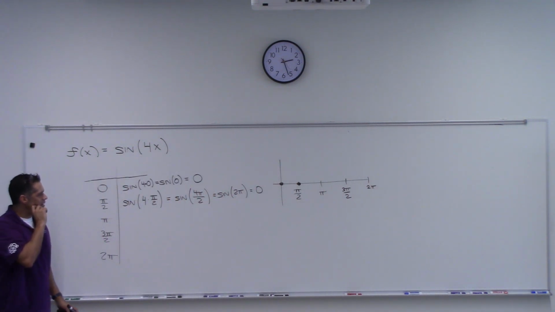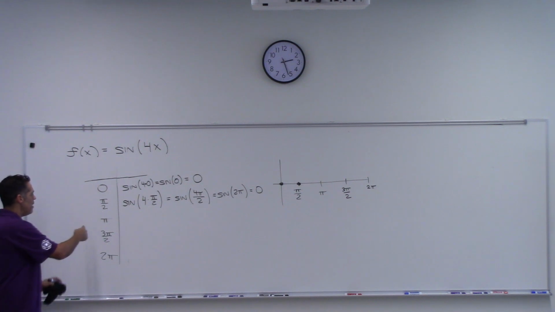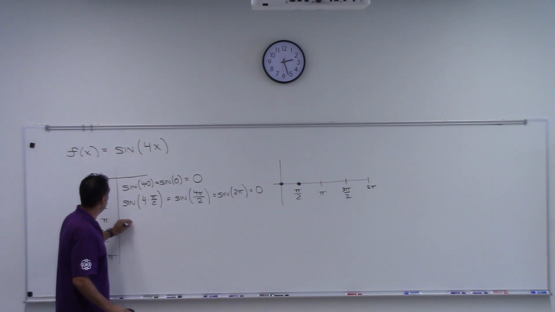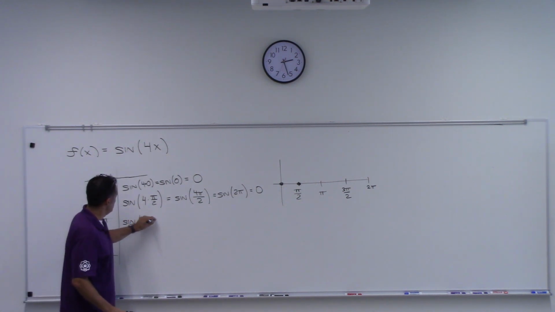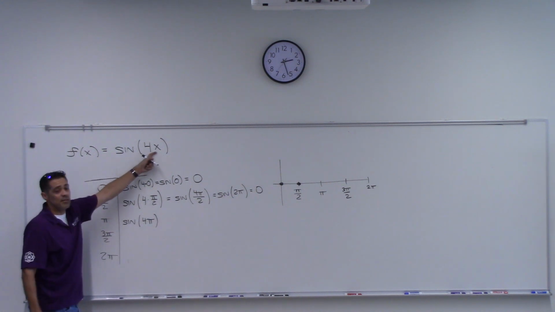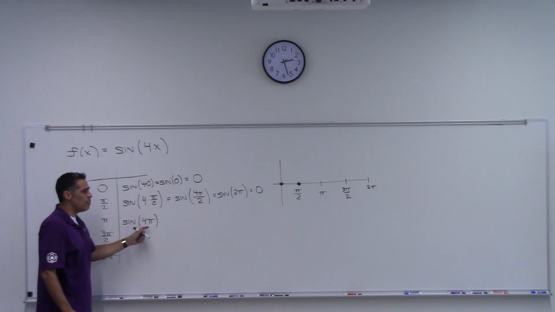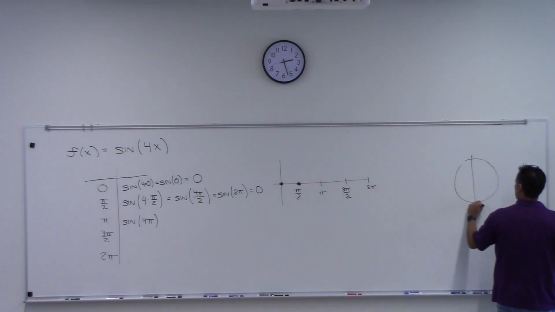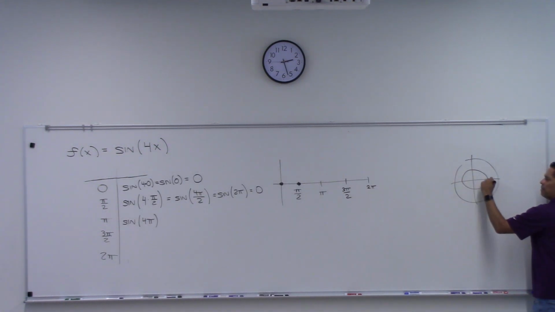Okay. What about at pi? What happens when you plug pi in here? You get sine of 4 pi, right? That's what happens when I replace that x with pi. And sine of 4 pi, where's 4 pi on the unit circle? That's 1 pi, 2 pi, 3 pi, 4 pi.